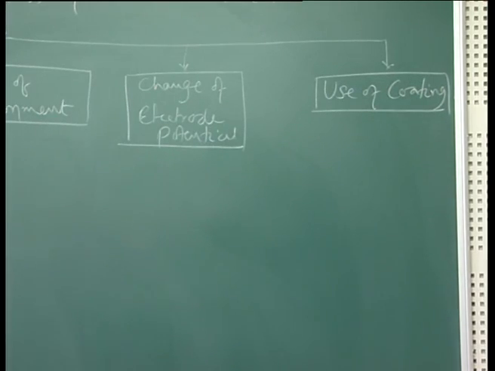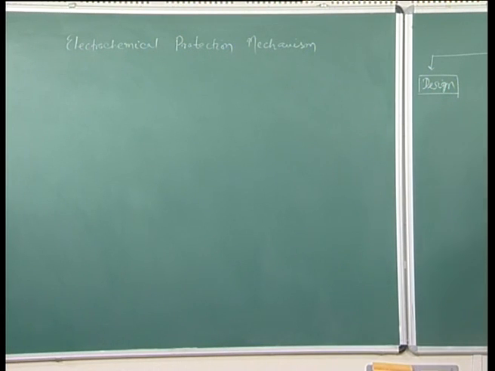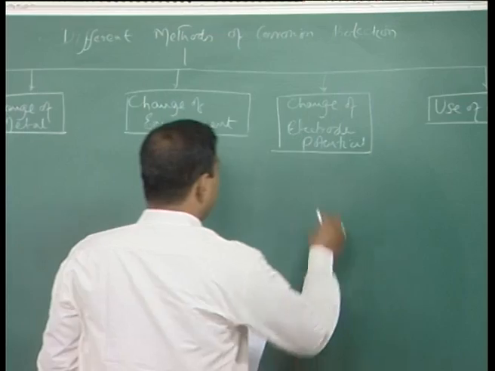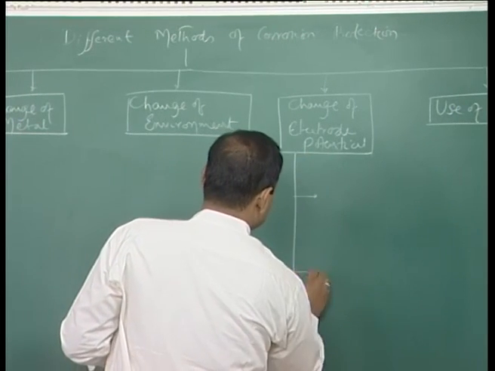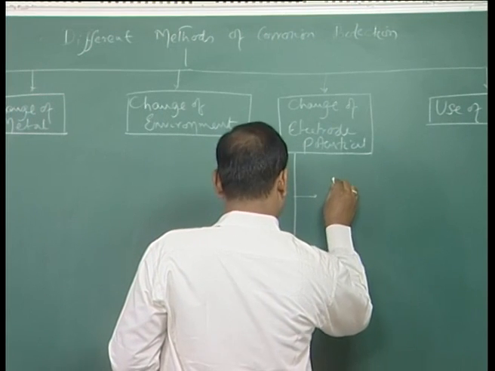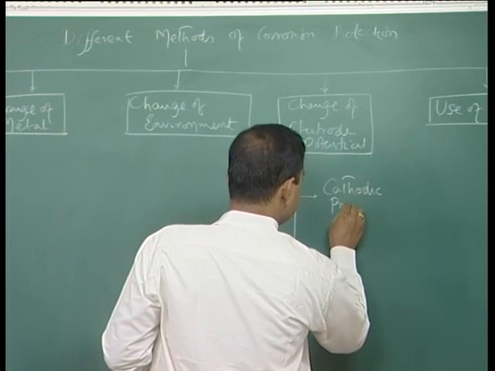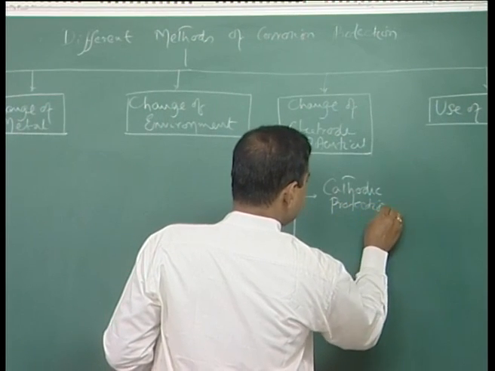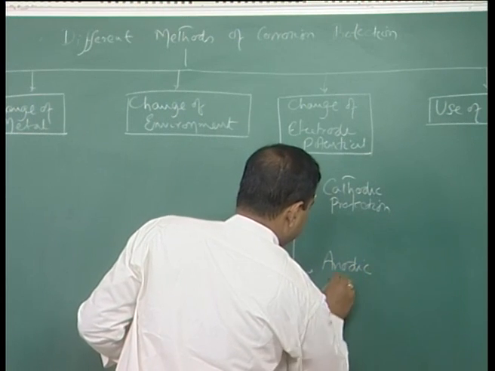Now, this electrochemical protection mechanism is falling under the category of change of electrode potential. Here we have two ways. One is cathodic protection, and second one is anodic protection.